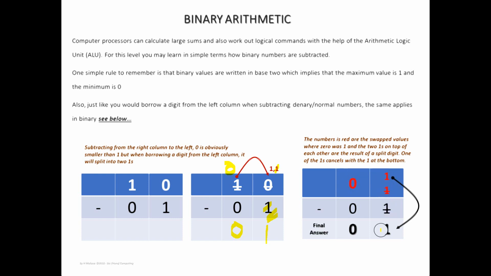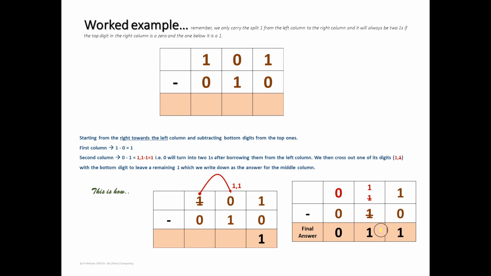So we're going to move on now. I have an example here, 101, that is basically a 5, minus 10, which is a 2. So 5 minus 2 should give us a 3.